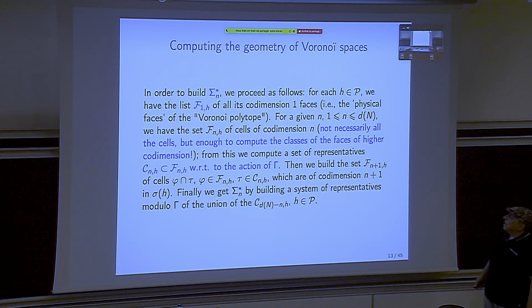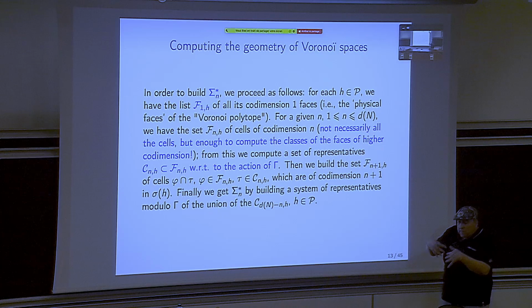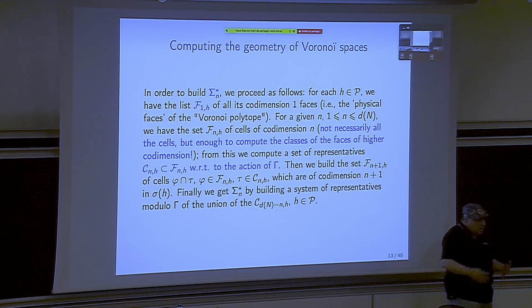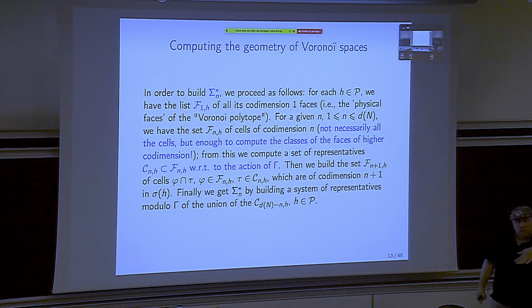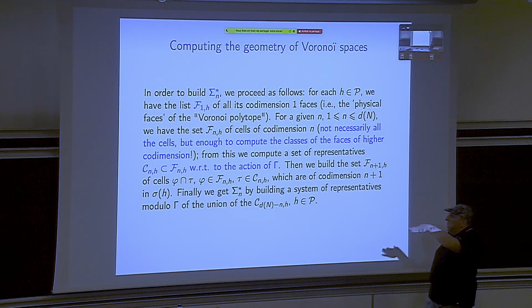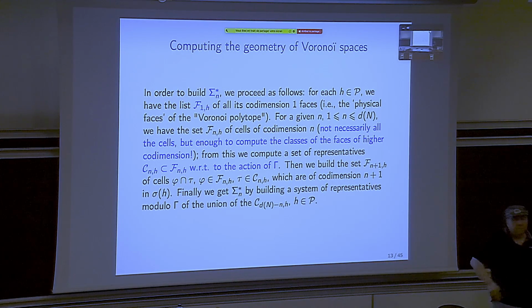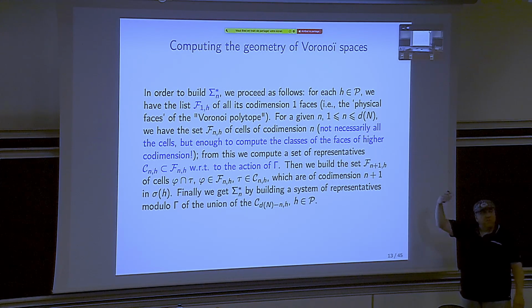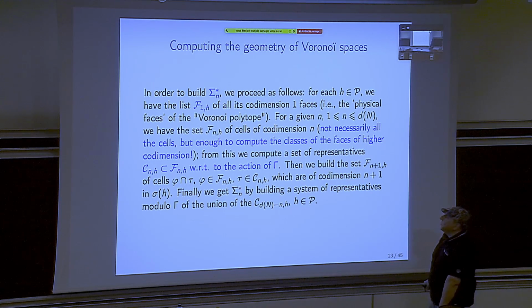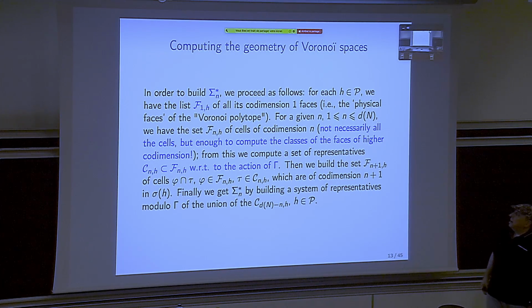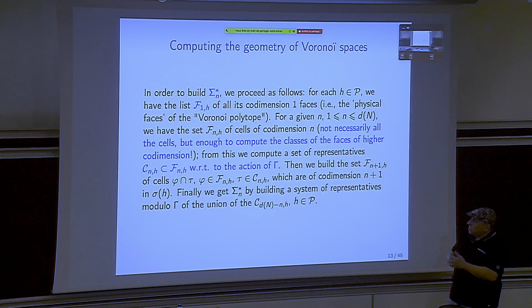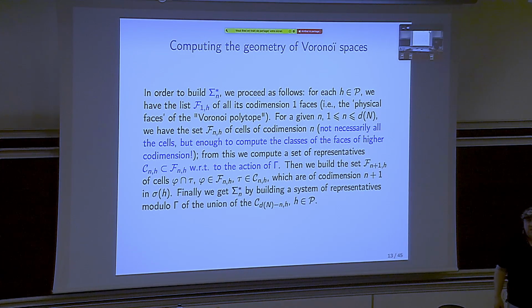Then we intersect each layer of a codimension face with the codimension 1 faces, or some layers below. You have to prove something in order to do this. And each time you build your representatives.